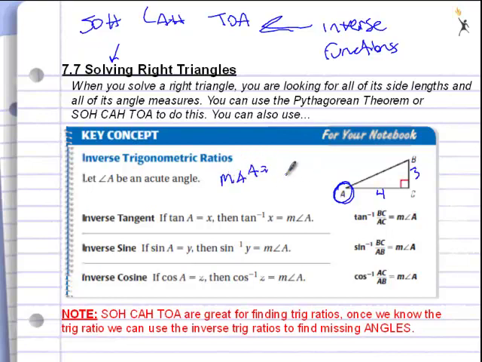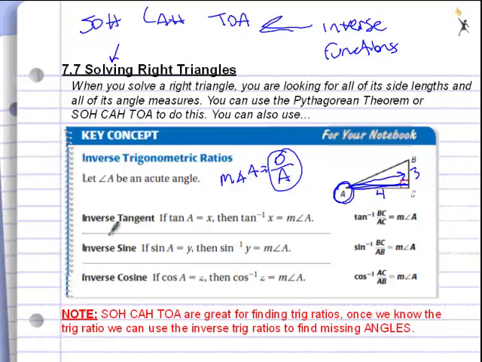In reference to angle A, you know the opposite side and you know the adjacent side. What ratio uses the opposite and the adjacent? That's tangent, which means you would use the inverse tangent to find the measure of angle A.